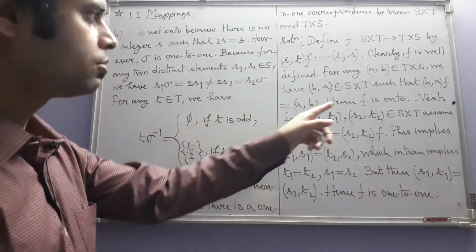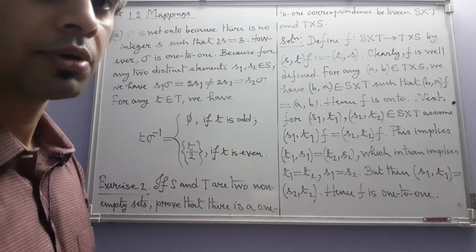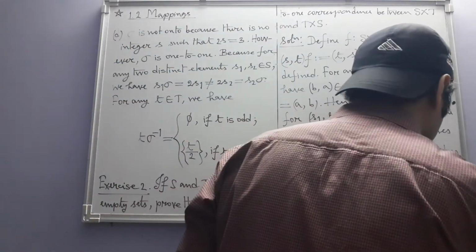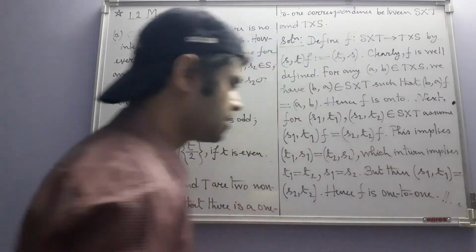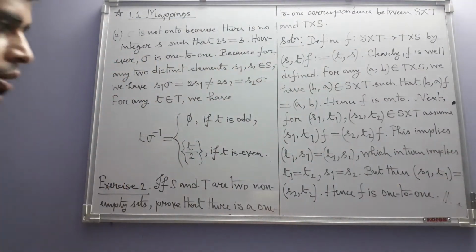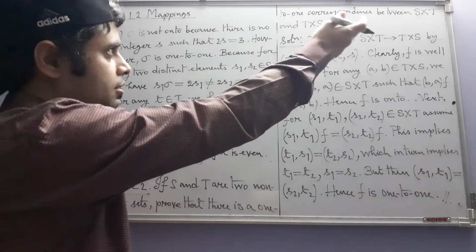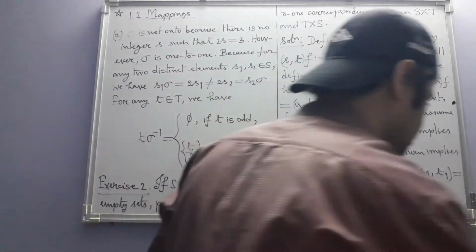Being both onto and one-to-one, f is now a one-to-one correspondence. I am not writing that, okay. So if you want, you can add that one more sentence at the end of this solution. Hence, f is a one-to-one correspondence between S cross T and T cross S.